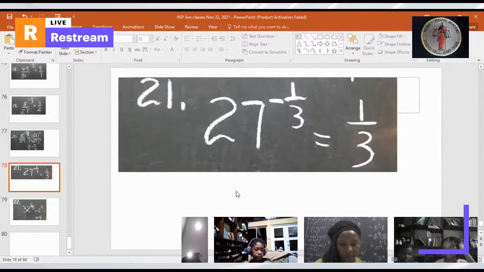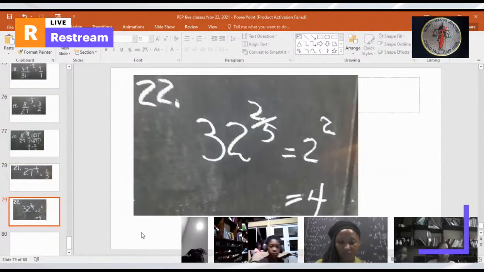And because it's to the negative 1 power, it would be 1 over 3. So because it's a negative power, we invert the 3, and that's how we get 1/3. All right, thanks, Amari. Drayshawn, this is the last one, and it's yours.